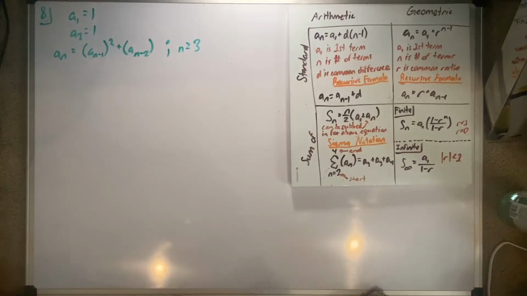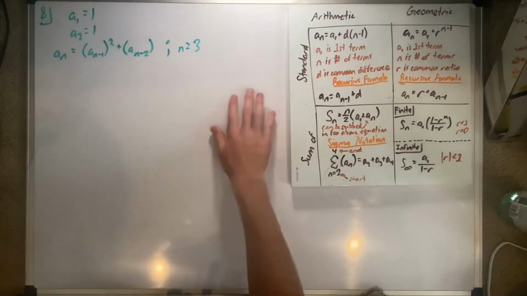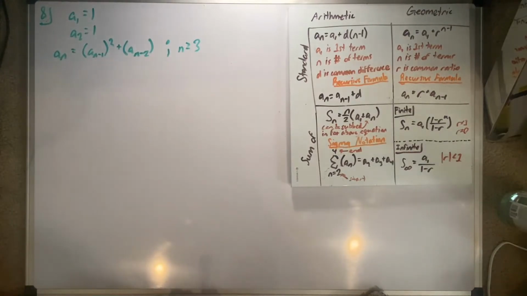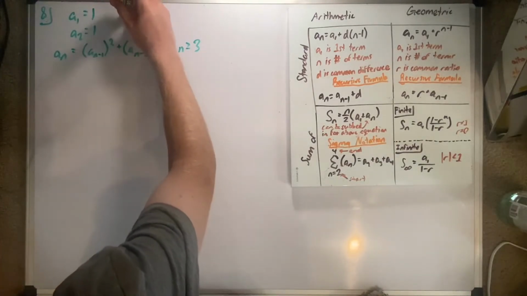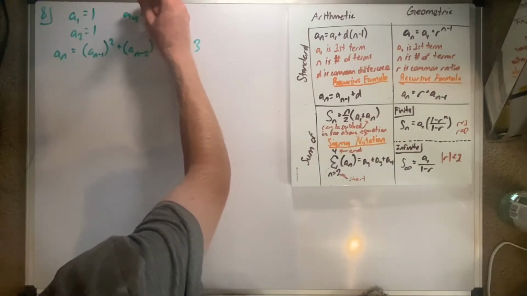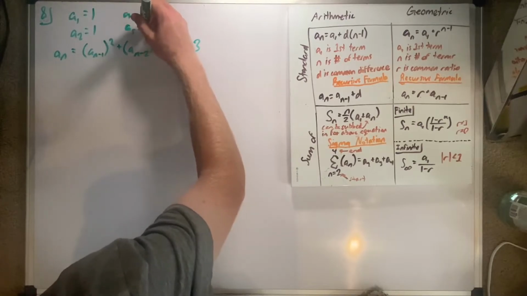So this rule will only work when n is greater than or equal to 3. But this is still nonetheless a sequence because there is a pattern. So determine the fourth and fifth terms of this sequence. So a4 is equal to something, a5 is equal to something.